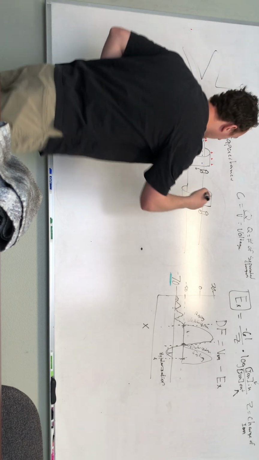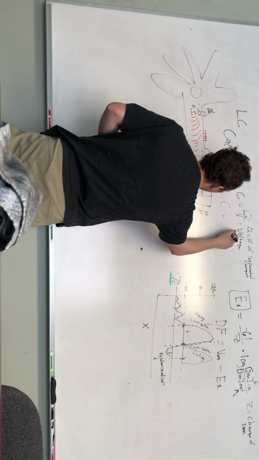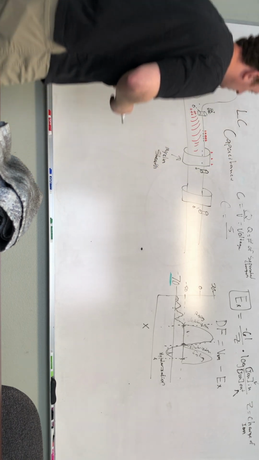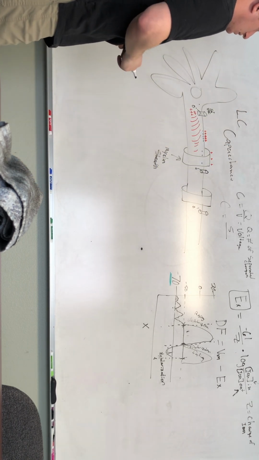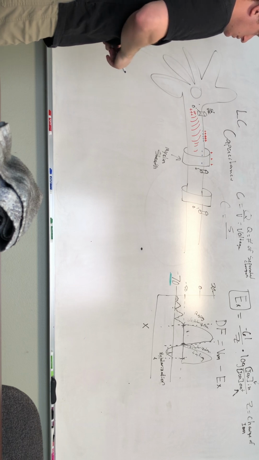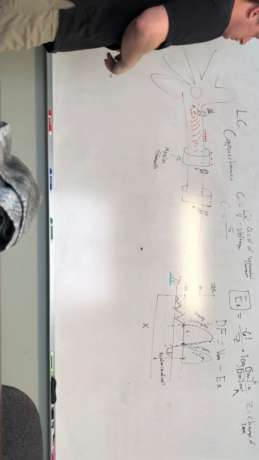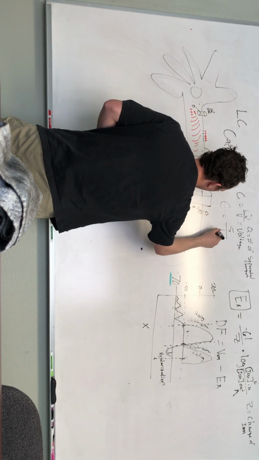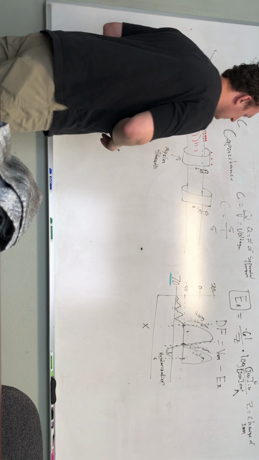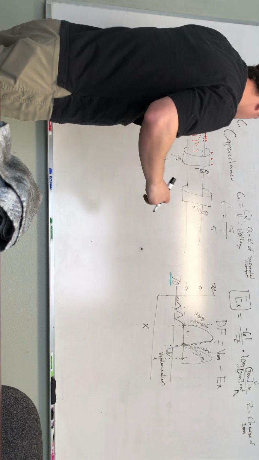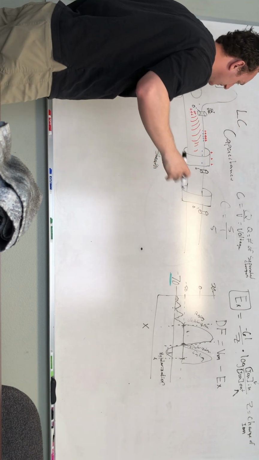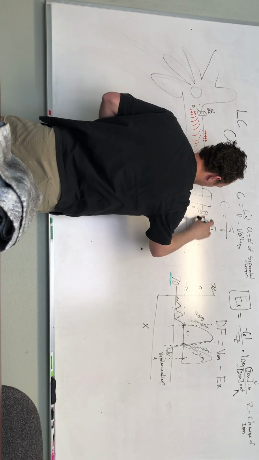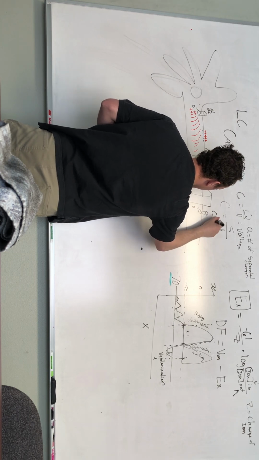So let's see, if we write this up here, we've got 5 separated charges. If you've got 5 and each is at 1 volt, that means your capacitance is equal to 5.